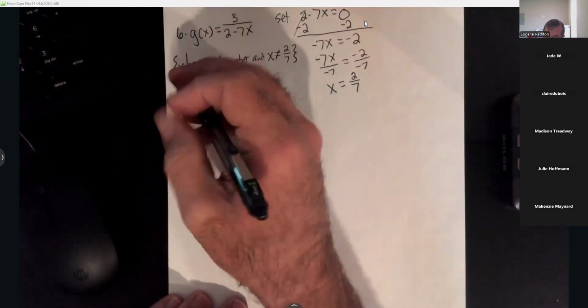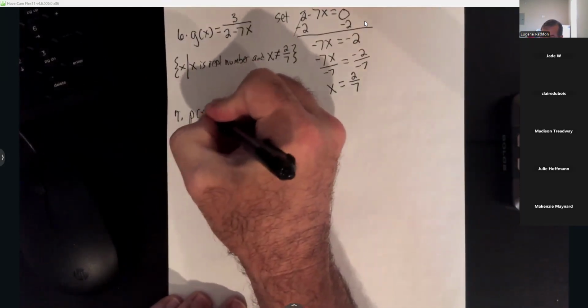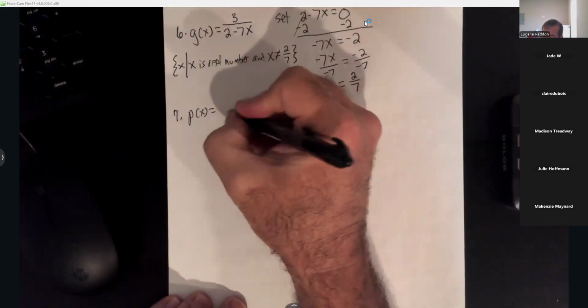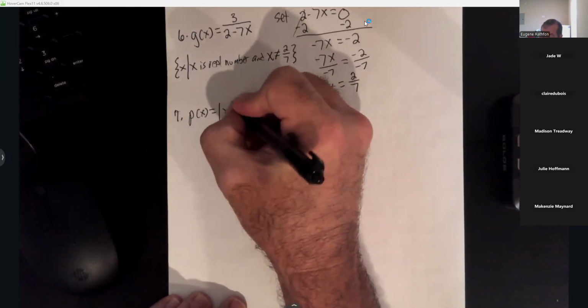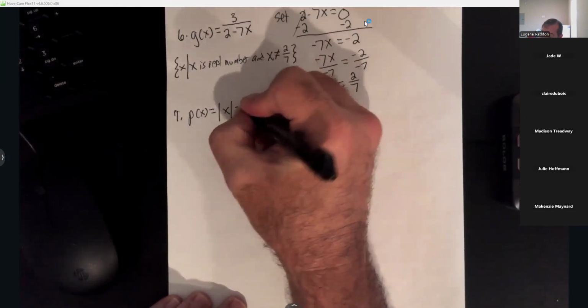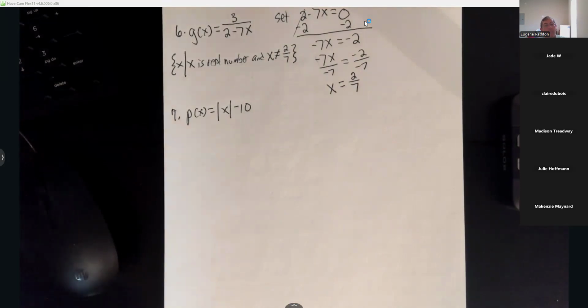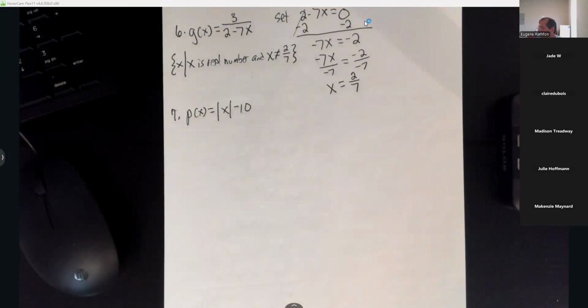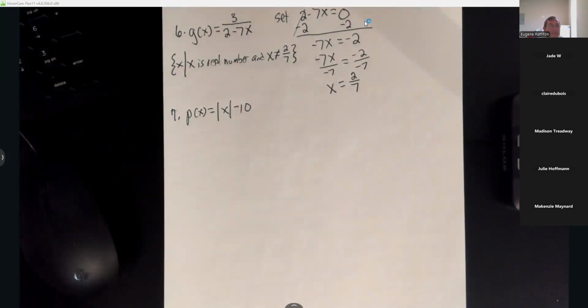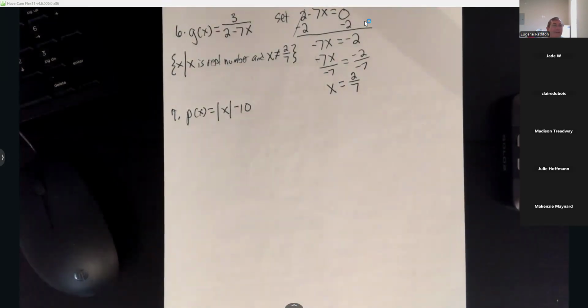All right, number 7, they're giving me p of x equals the absolute value of x minus 10. All right, what's that domain? So that one's on you.